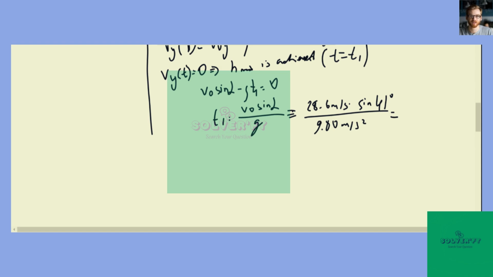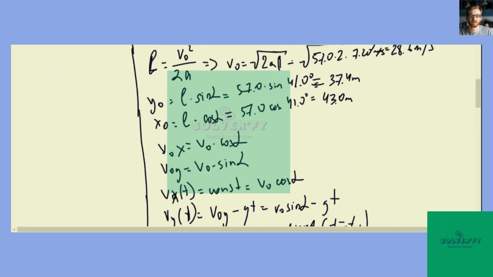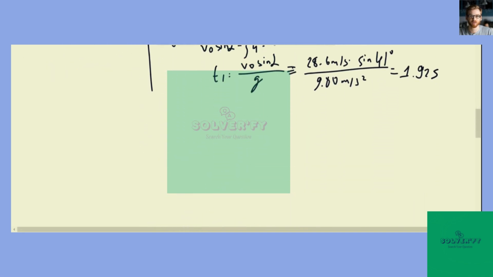It equals 1.91 seconds. Actually 1.92 seconds. So this is the time after which the projectile will have only the horizontal component of its velocity.